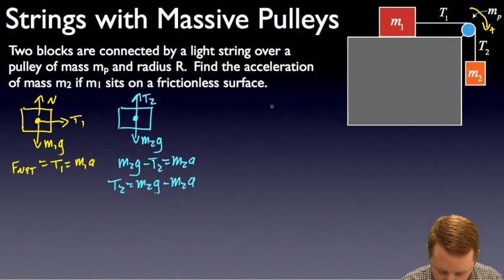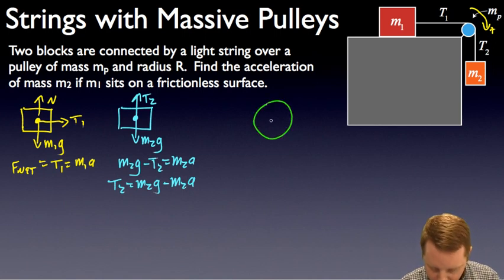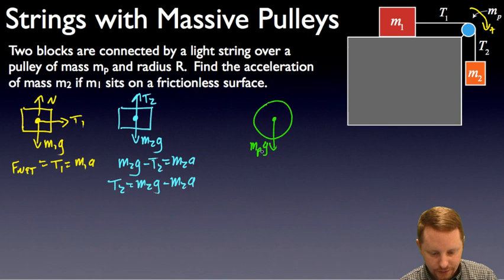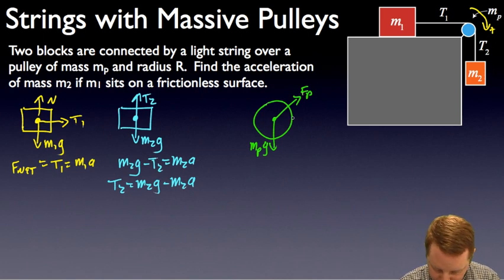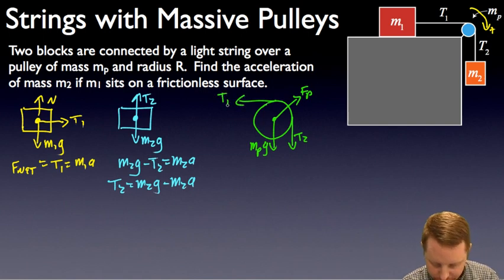And now let's take a look at our pulley over here. As we look at our pulley, from its center of mass, we have the weight of the pulley, Mp, the mass of the pulley, times g. We have the force of the pivot on that, Fp, and we also have the 2 tensions. We have T2 down, and we have T1 to the left.